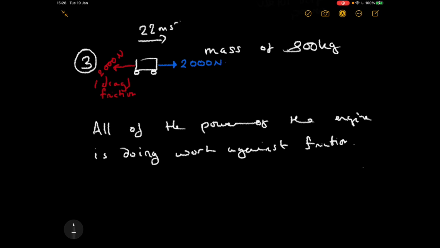So can we work out from this what the power of the engine is in this case? How do we work it out if we've got the force that the engine's applying and we've got the velocity? Well, turns out that we can.